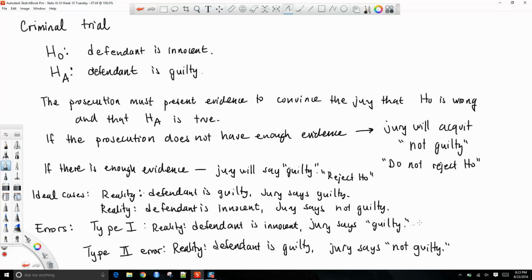So we would say type 1 error is worse, okay? Now, of course, either error would be a failure of the justice system. That's the truth, okay?